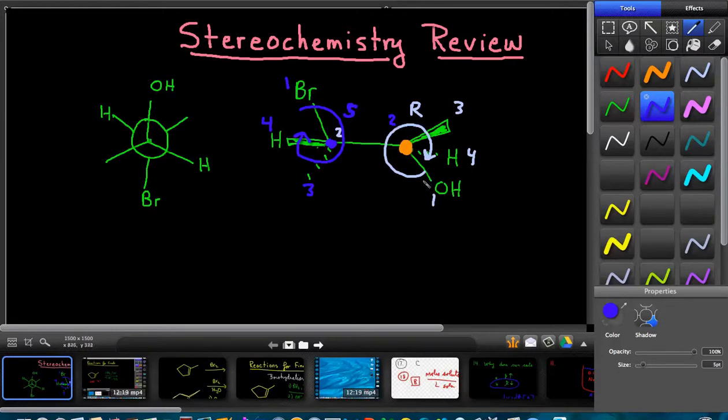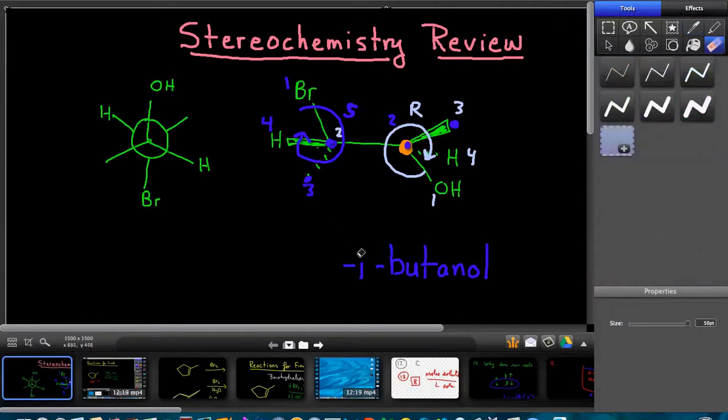And now in terms of naming, carbon 1, 2, 3, 4. So we're going to have butanol. If you like, you can go 1-butanol. Actually, can't go 1-butanol. I got to go 2-butanol.